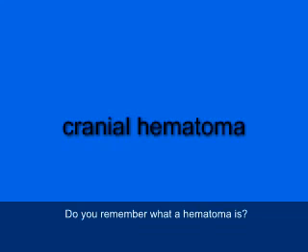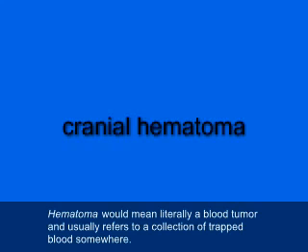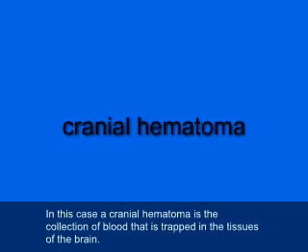And do you remember what a hematoma is? Well, hematoma would mean literally a blood tumor, and usually refers to a collection of trapped blood somewhere. In this case, a cranial hematoma is a collection of blood that's trapped in the tissues of the brain.